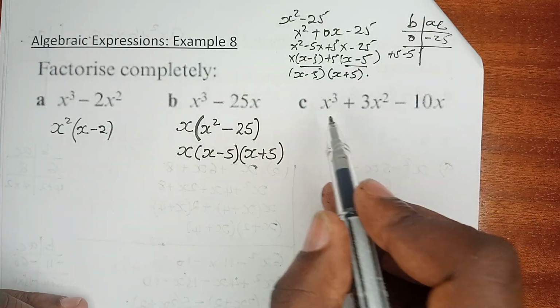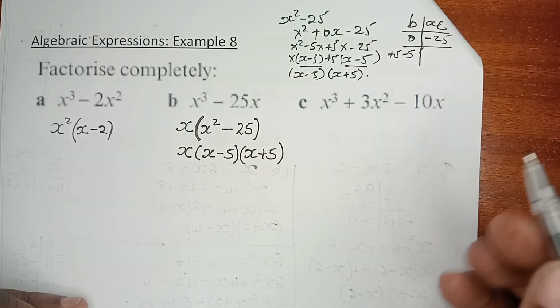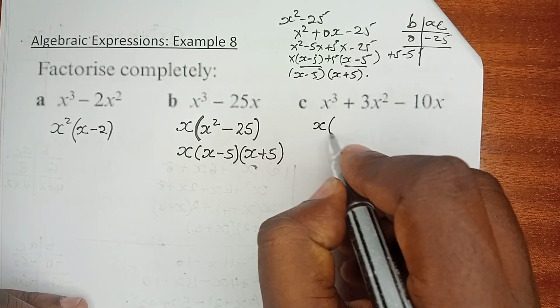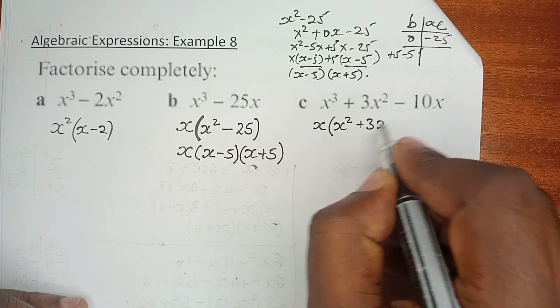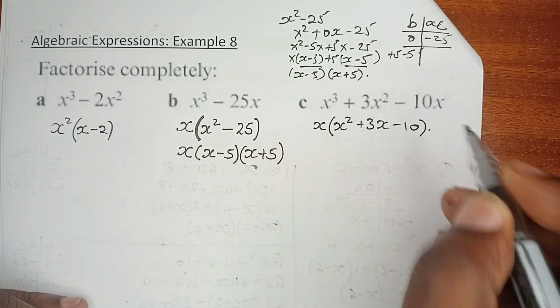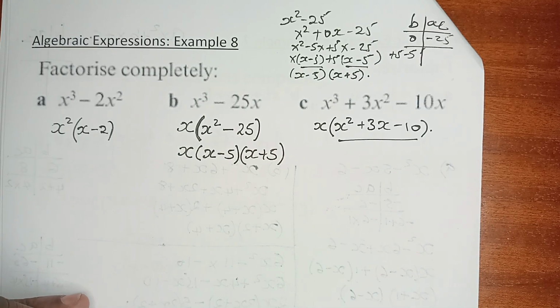So part C, we have x cubed plus 3x squared minus 10x. Obviously, x is common. Bracket, this is x squared plus 3x minus 10. And what we are left with here is actually a quadratic expression which needs to be factorized further.